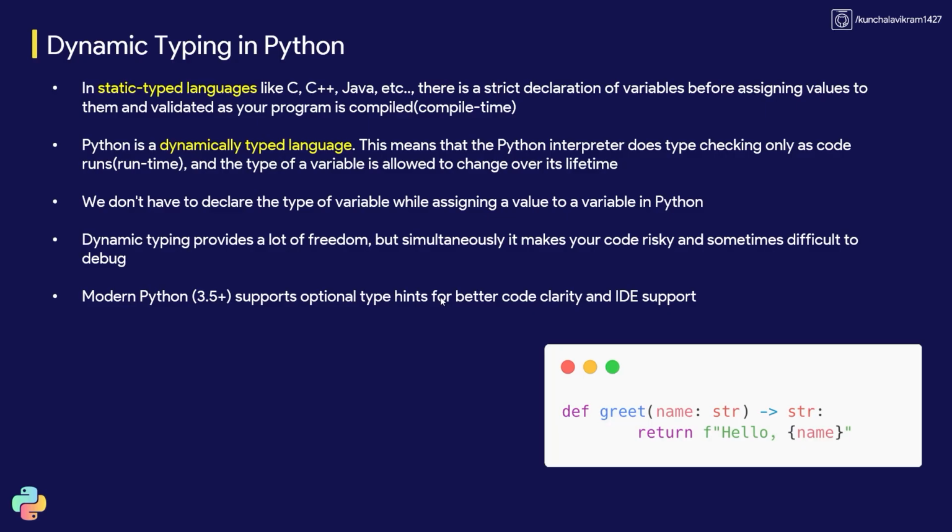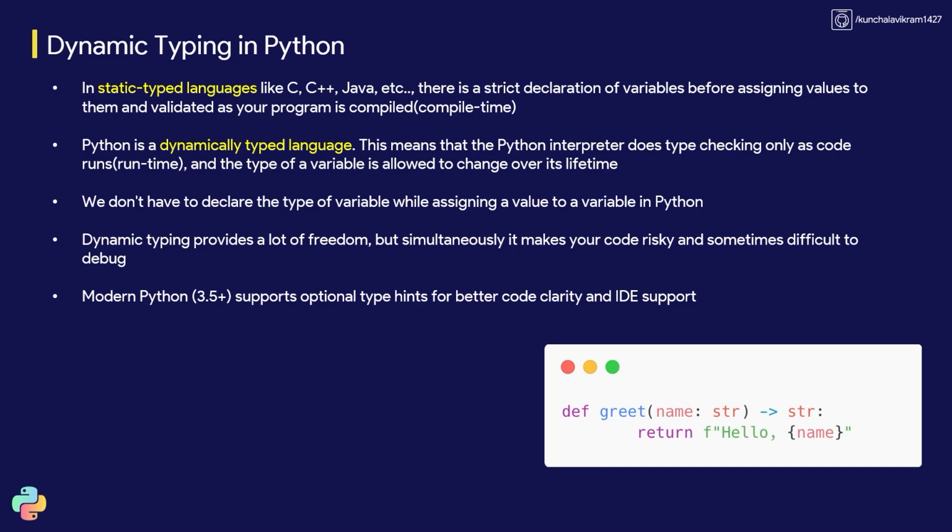Then, what is dynamic typing in Python? In statically typed languages like C, C++, or Java, you have a strict requirement that you need to declare every variable before you assign a value to it. For example, if you have a variable a equal to machine learning, a becomes a string, so you need to declare that variable as a string.